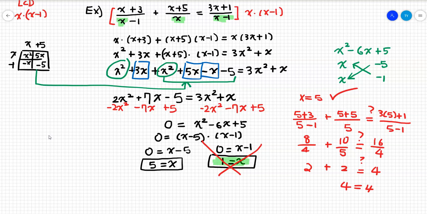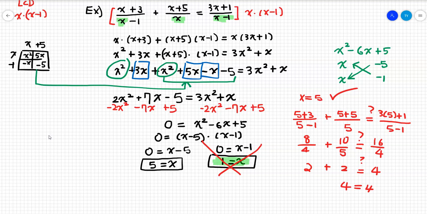In this case, we have two candidates because we had a quadratic equation, but it happens that one of them is not a solution. This can happen like this. You can have both be solutions, but in this case one of them is not a solution, but the other one is.